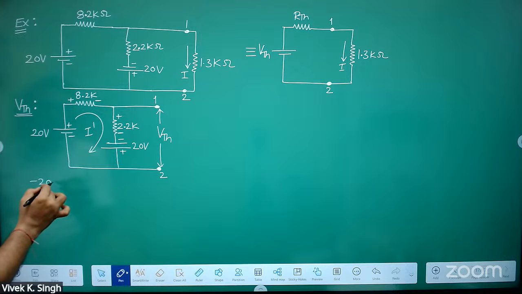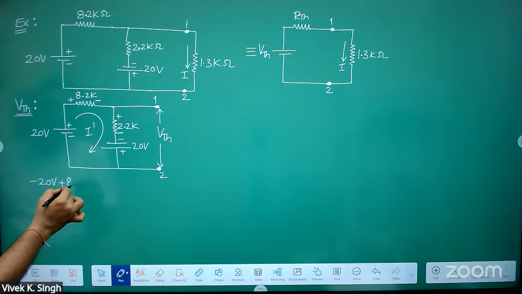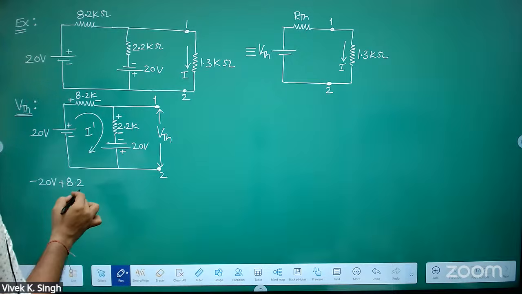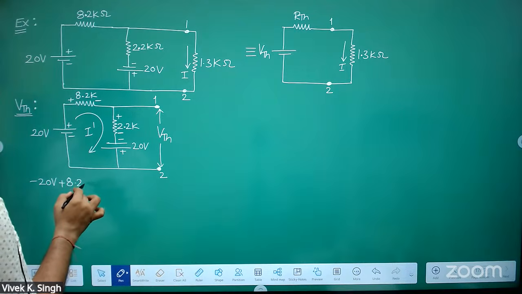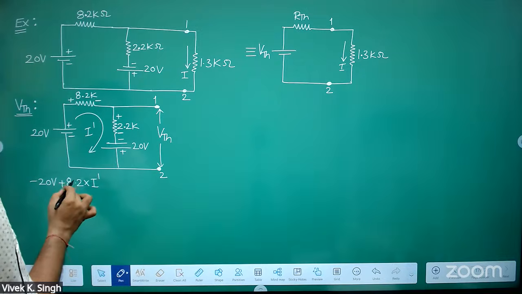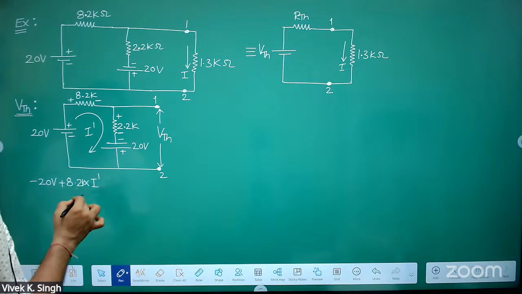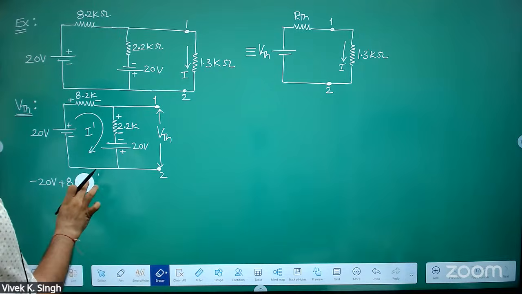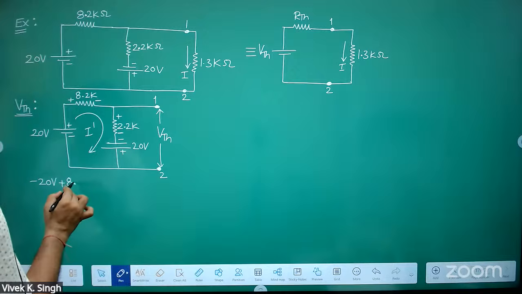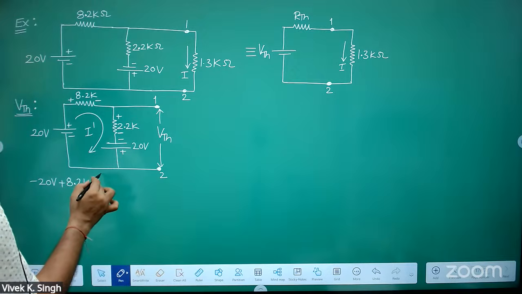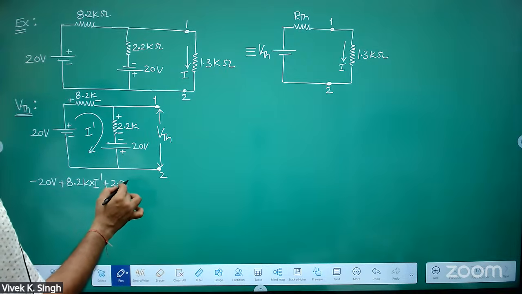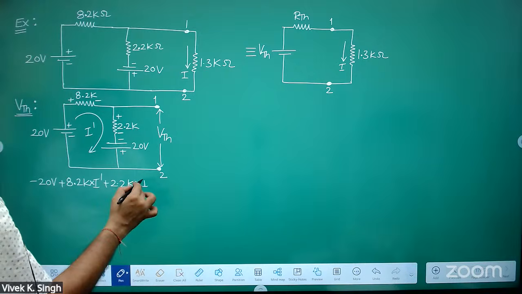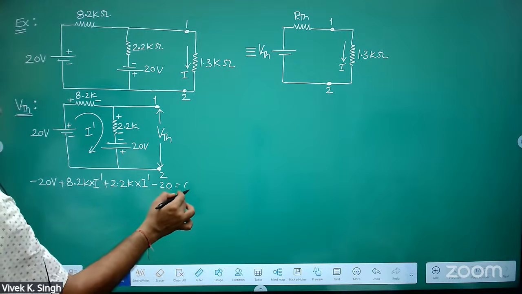Minus 20 volt plus 8.2 kilo ohm into I dash plus 2.2 kilo ohm into I dash minus 20 is 0.